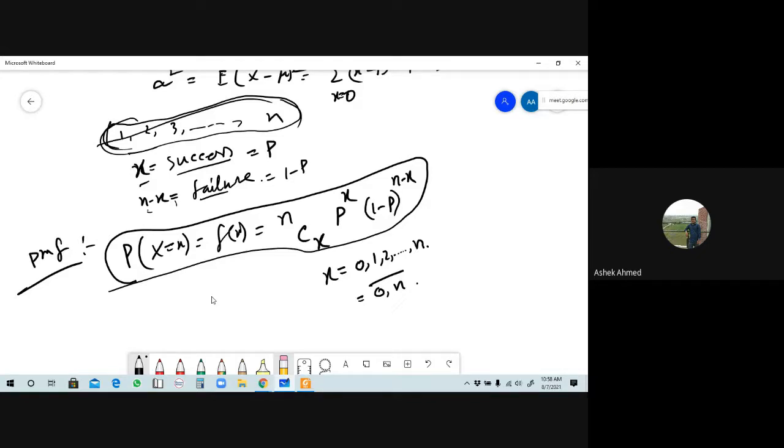Since we will examine that experiment n times, if we run the experiment n times, how many successes are there, n success and n failure. Is it right? Respond to me. Yes, sir. Okay, then from the total number of n success we will choose x success. Is it right?